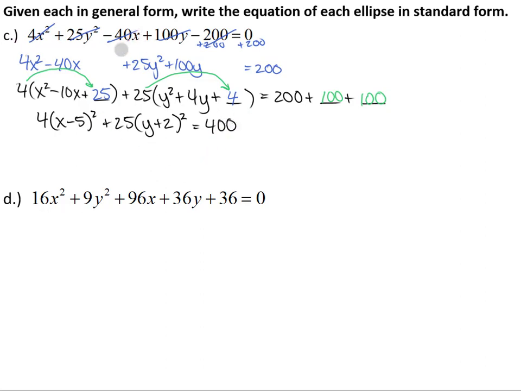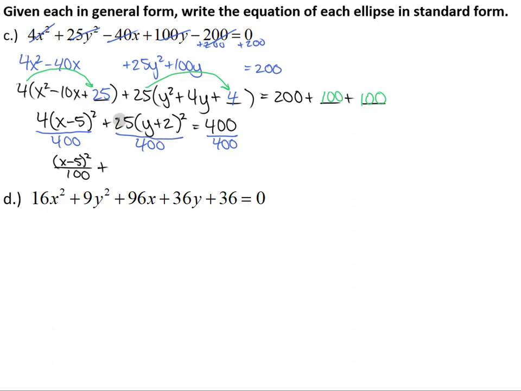Okay, now remember, for standard form for an ellipse, we need it to be set equal to 1. And the way we do that is by dividing everything by the constant over here. So we're going to divide both of these, and they should reduce for us. Okay, so now let's go ahead and reduce these. 4 and 400, if I divide by 4, gets me a 1 up top and 100 on bottom.